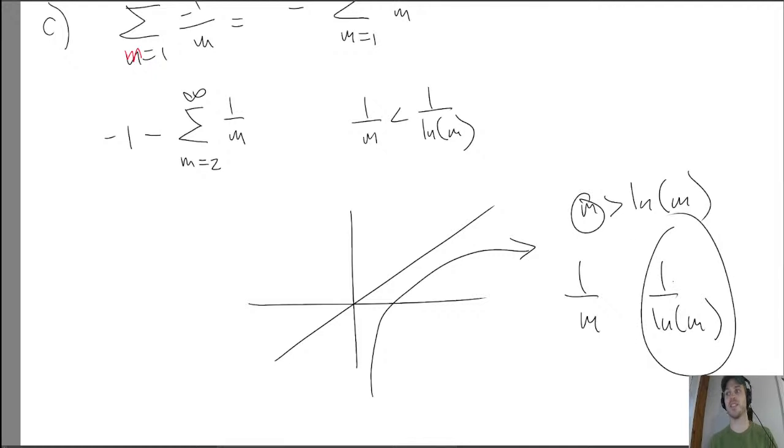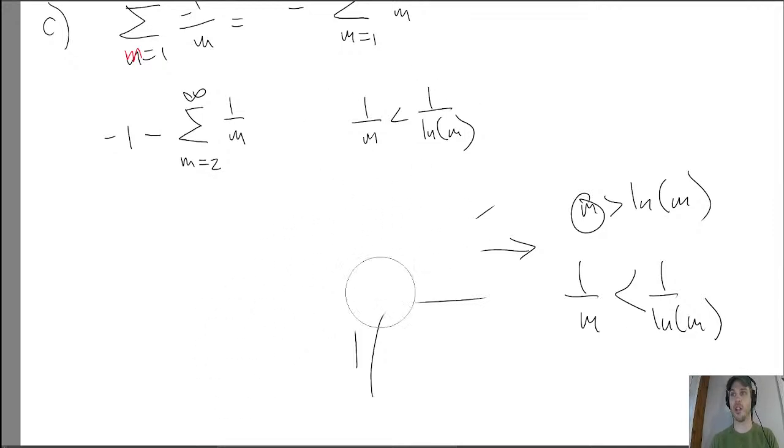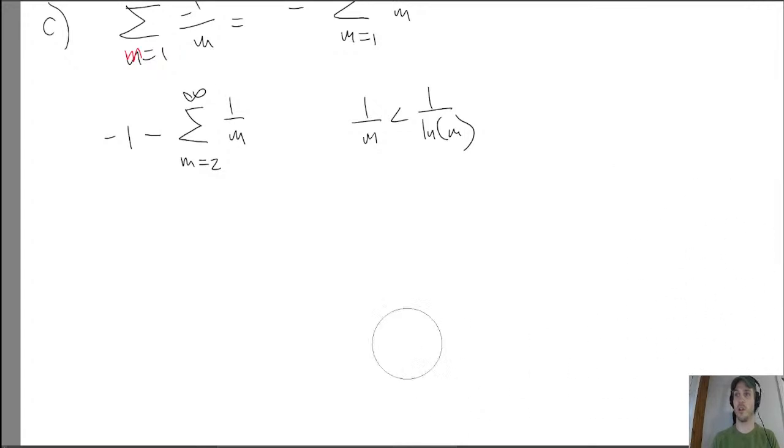And that means that this quantity has the smaller number in the denominator, meaning it's bigger. So this is true. And that's true for all m in this series. So if I show that this converges, then I show that this converges by the comparison test.